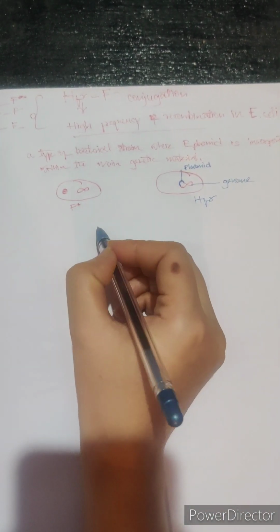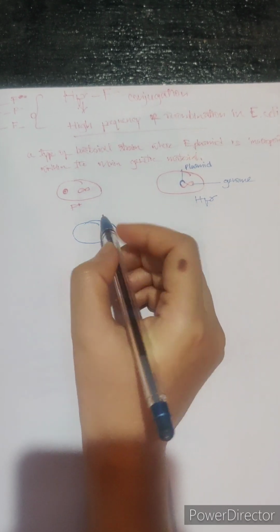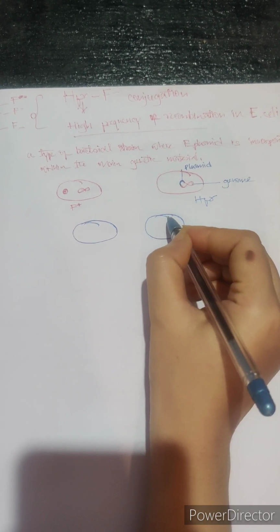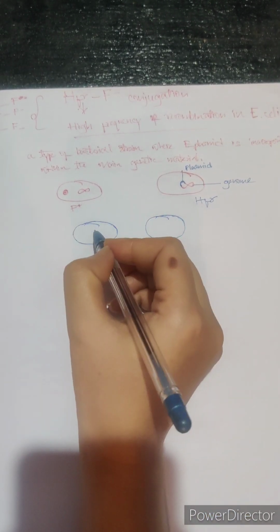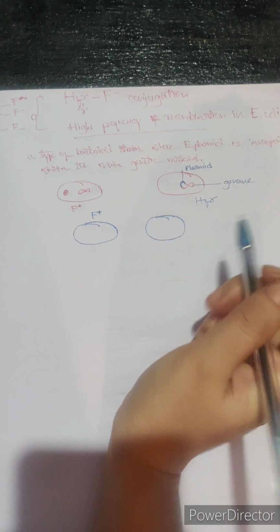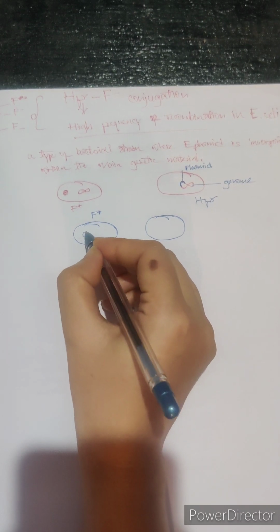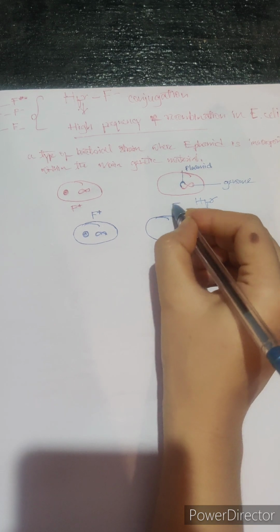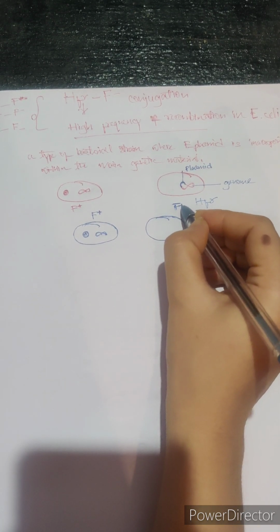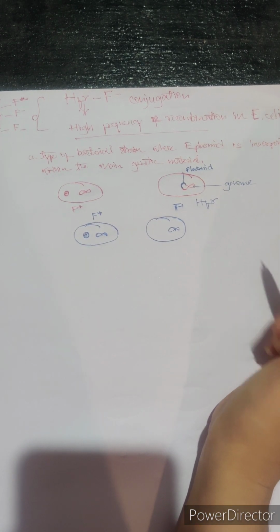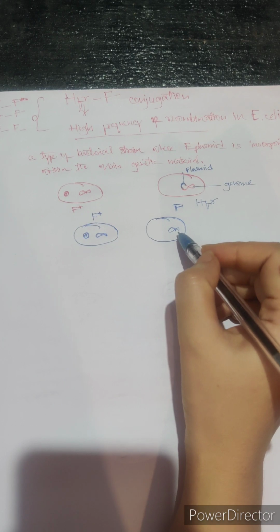So let's start. Take two bacterial cells. This is your F plus, which means there is an F plasmid with the main genetic material. This is F minus, which does not have the F plasmid factor, but only the genomic material.